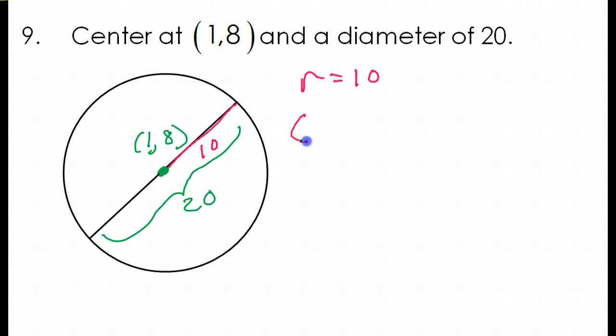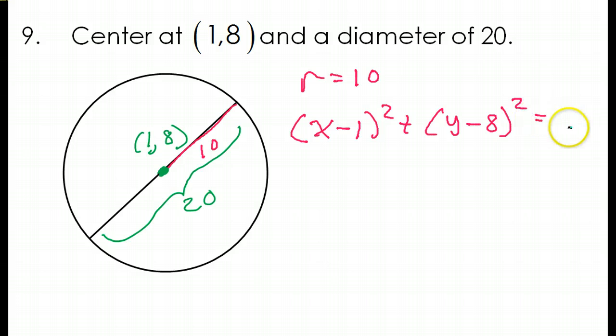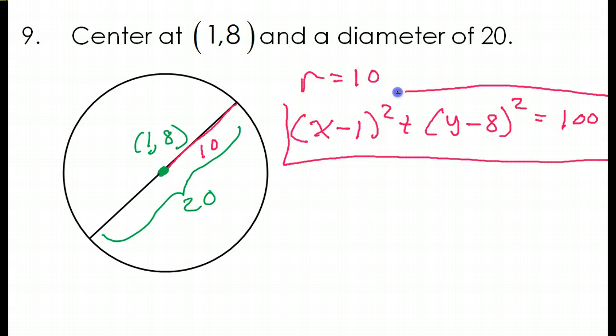So when we go to do the circle, it should be x minus 1 squared plus y minus 8 squared equals, now this is the radius squared, so 10 squared is 100. So that was actually easier than I thought it was going to be. So there's number 9.